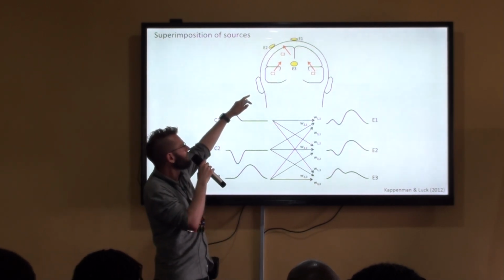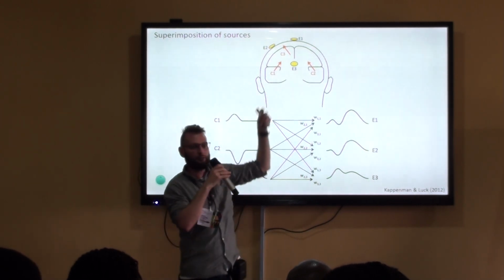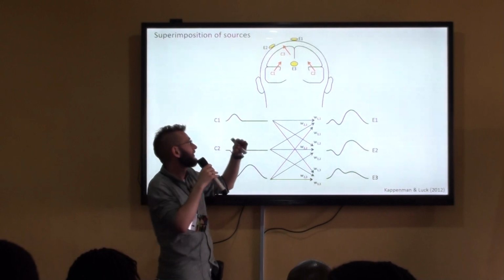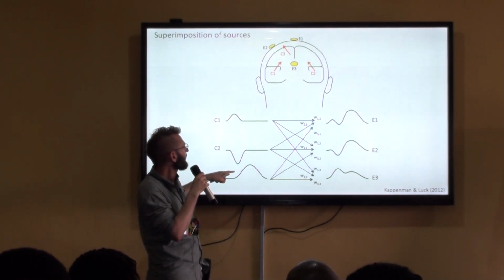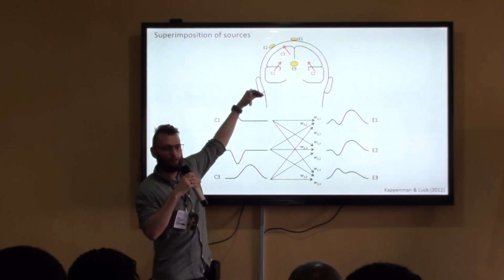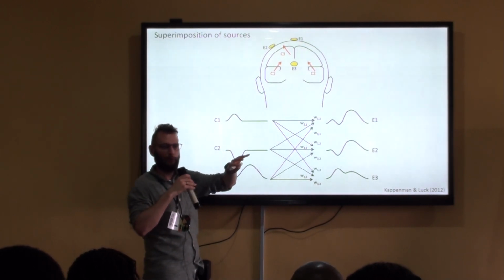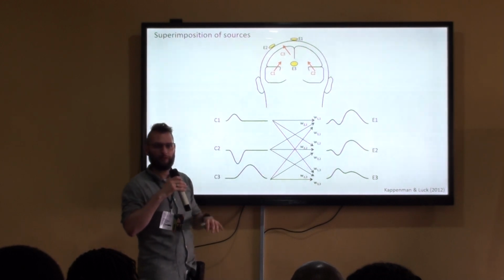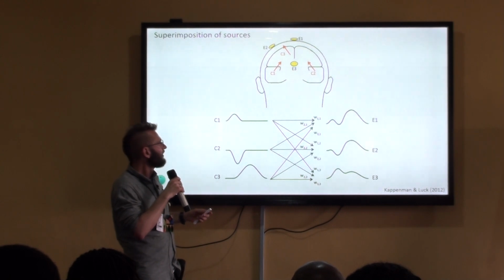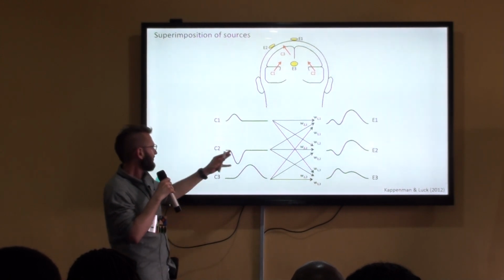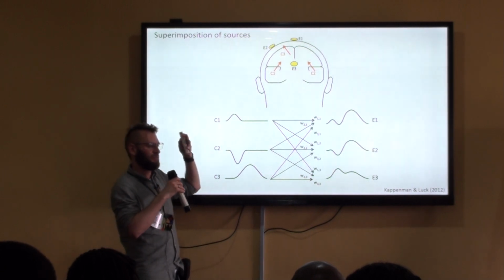So of course, if you have one here that is more towards the positive side of the field, it would measure this C3 as a positive component, whereas if it's towards the negative side, it would measure the same component, but with a negative sign, because it's basically on the opposite side of the dipole here. And here they have 3 sources to illustrate this, but in reality it's more smooth.